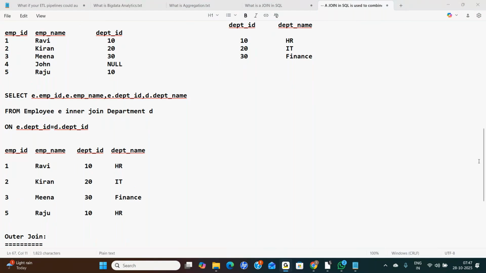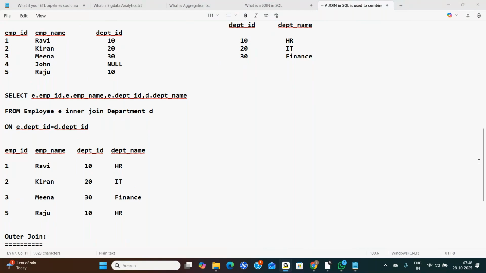Is the statement true or false? Inner join produces only matching records. Yes, true. Whereas an outer join produces unmatched records along with matched records.